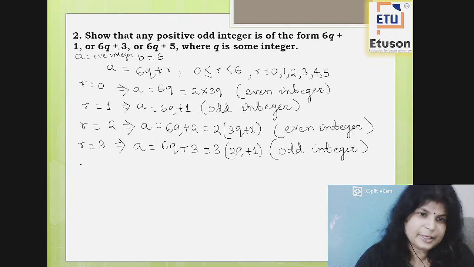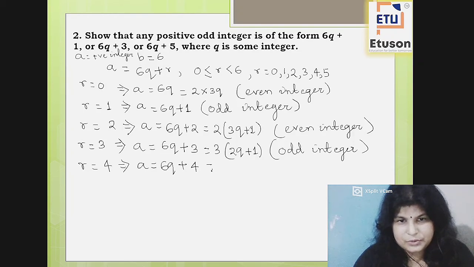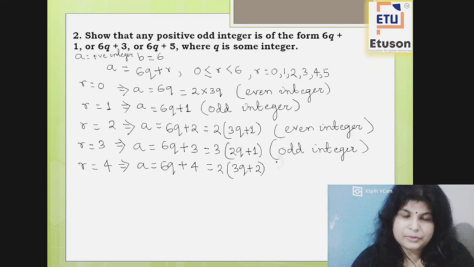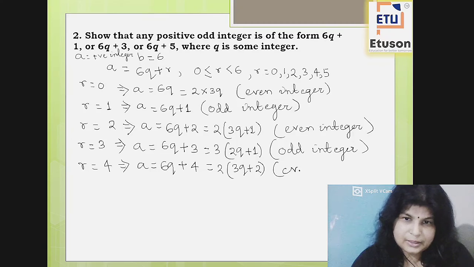Similarly, if you take r is equal to 4, a is equal to 6q plus 4. Taking 2 as a common factor, you will get 2 into 3q plus 2. Again it is a factor of 2, so it is an even integer.